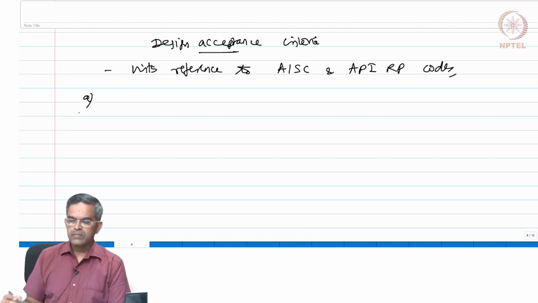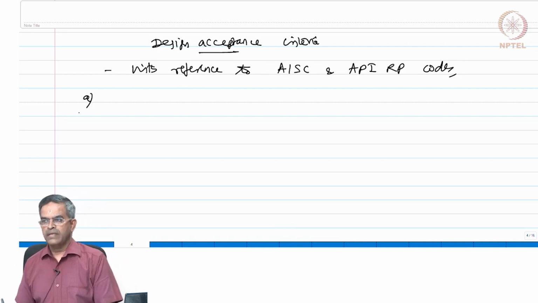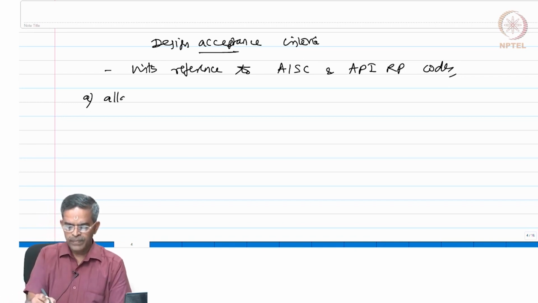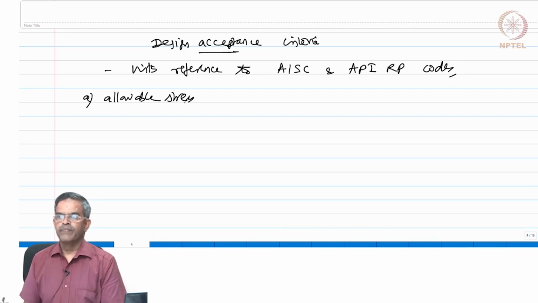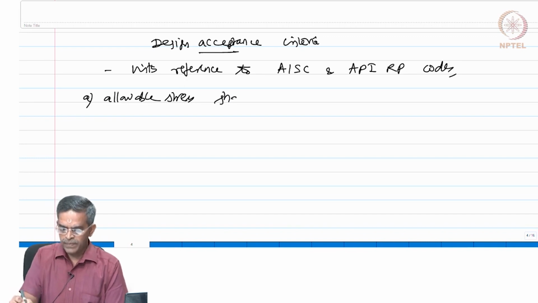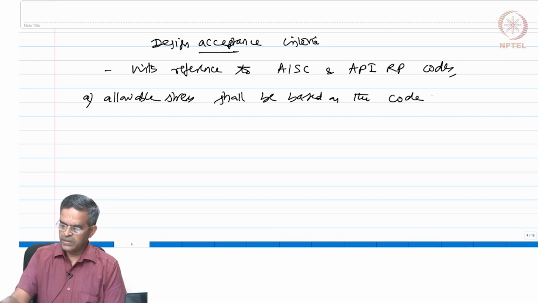There are some basic criteria stipulated by these codes. Let us say the allowable stress shall be based on the code provisions.